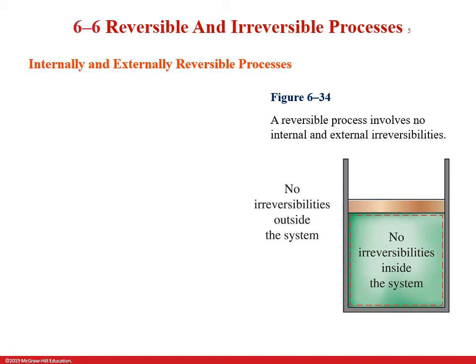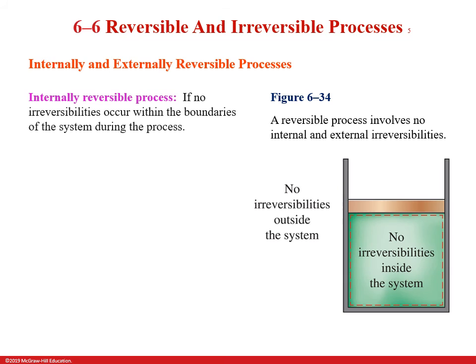All right, so let's look at some internally and externally reversible processes. Something that's internally reversible has no irreversibilities within the boundary of the system during the process. So for example, if you're looking at the system in here and there are no irreversibilities, then this is an internally reversible process.